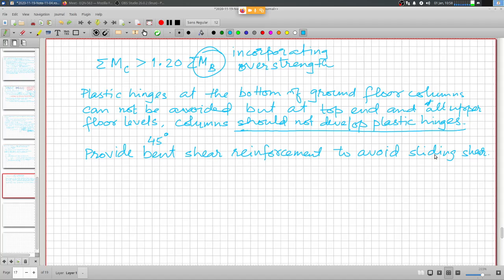And also one more thing, this is obviously for the case of no hinges being allowed to develop, which is of course valid for the intermediate floors. As I said, plastic hinges at the bottom of the ground floor columns are possible, and also plastic hinges may be allowed to develop in the top floor.